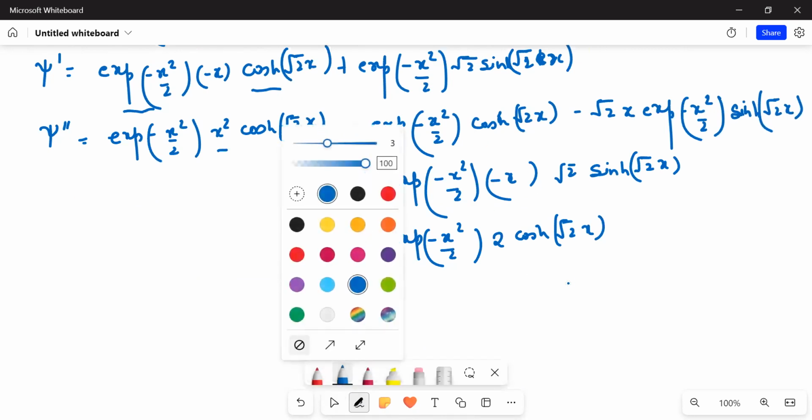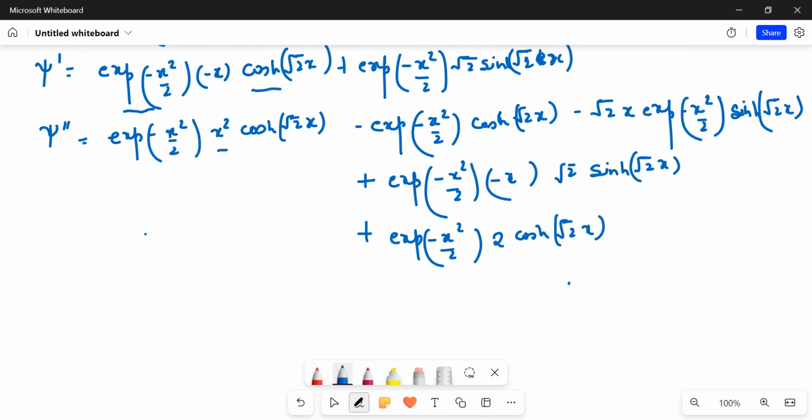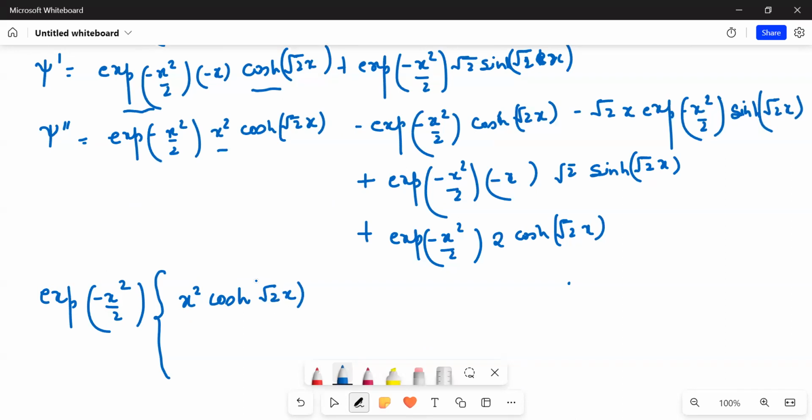Now let us take something common out and put it in one form. Exponential we can take common out. And inside we'll have this x square cos hyperbolic root 2x. Here we have 2, here we have 1, so I think this would be plus.